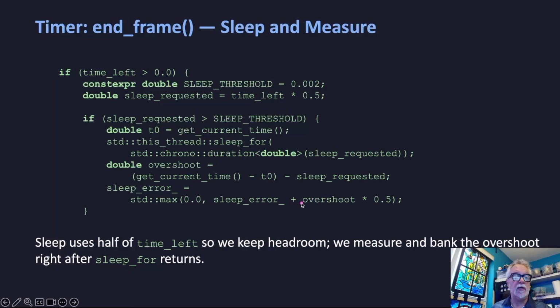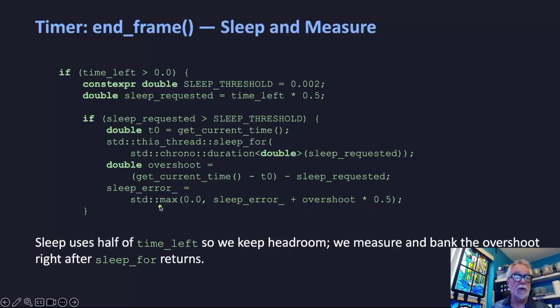We calculate the standard sleep error to be the maximum of 0 and sleep error plus overshoot. So if the sleep is coming in below time, if it's coming in early, which it mostly never does, we set our sleep error to be 0. Otherwise, we basically take our overshoot and we add it to our error, but we only add half of it because we don't want to completely overcompensate because it might have been just a mistake.